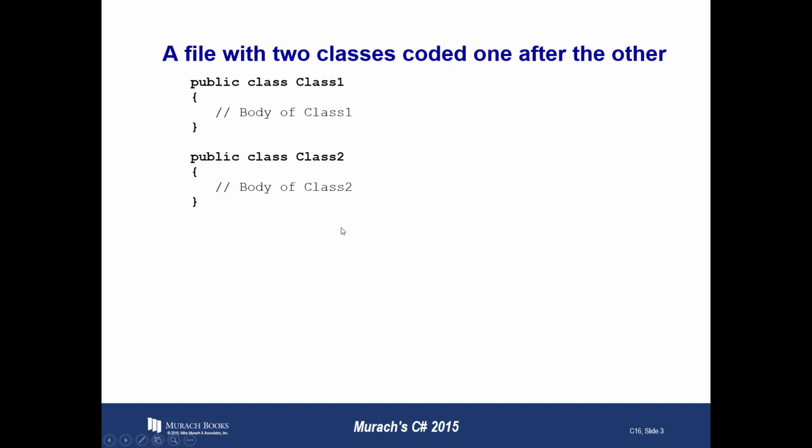All right. So, it is legal to code multiple classes in a single file. When 2 classes are closely related, sometimes it makes sense to code them in the same file, especially if each class is relatively small. What that does is it gives you fewer files in your project. So one way to code 2 classes is to code them one after another, as shown in the example here.